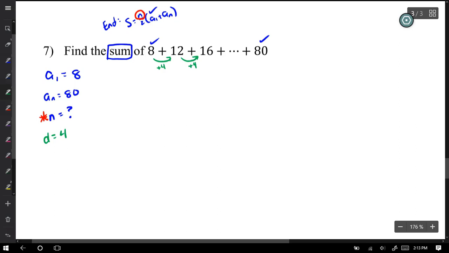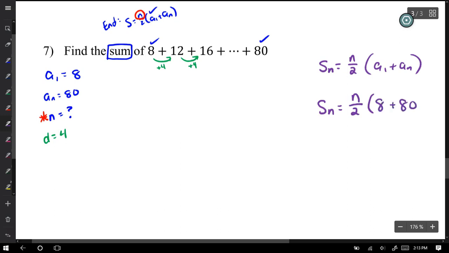Because if I want to end with this formula, S sub n equals n over 2 times a1 plus a sub n. Well, if I start plugging things in, I want to find the sum. I don't know n, but I do know my first term, and I do know my last term. I am missing n. So if I'm missing something, I need to find it.